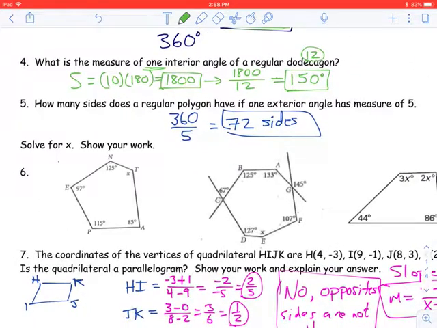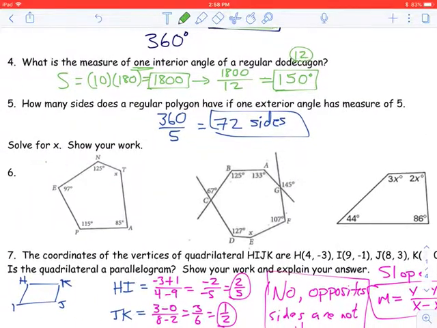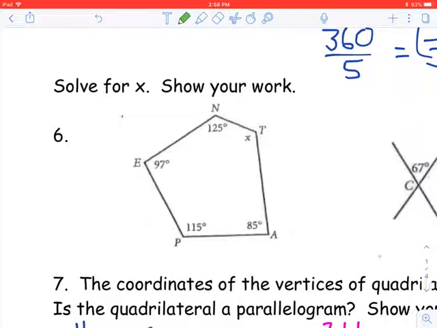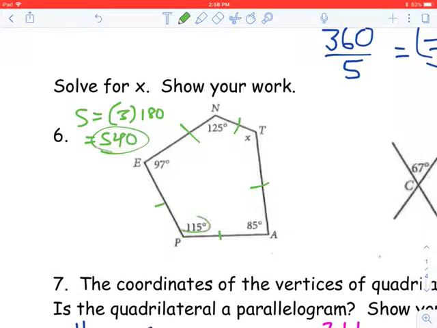Solve for x. So we've got 3 different examples here to solve for x. In this case, I have 1, 2, 3, 4, 5 sides. So the sum of those is going to be 5 minus 2, which is 3, times 180. So 3 times 180 is 540. Okay, so I need to add all of these up, equal to 540.